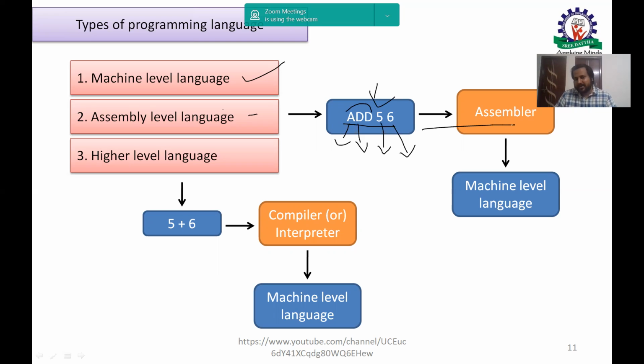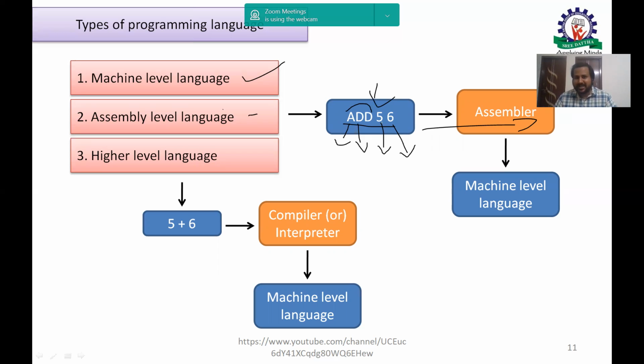The assembler is nothing but a specialized program which is designed by the computer scientists. So they can give the instruction like add 5 6. This will be understood by the user, but the system cannot understand. So this instruction will be given as input to the assembler program, and this assembler program will convert it into machine level language.